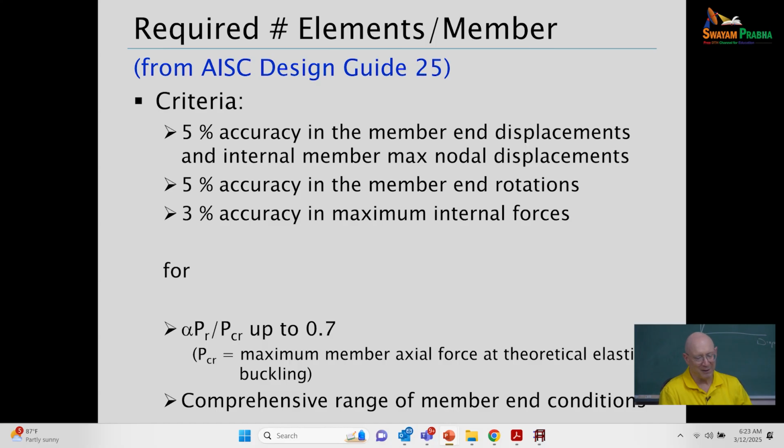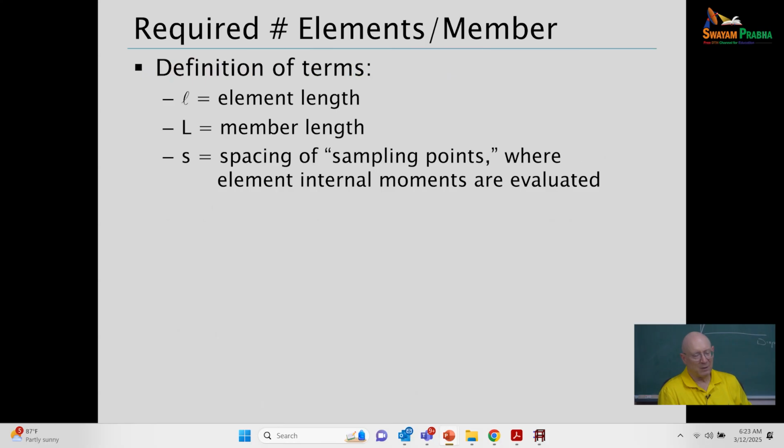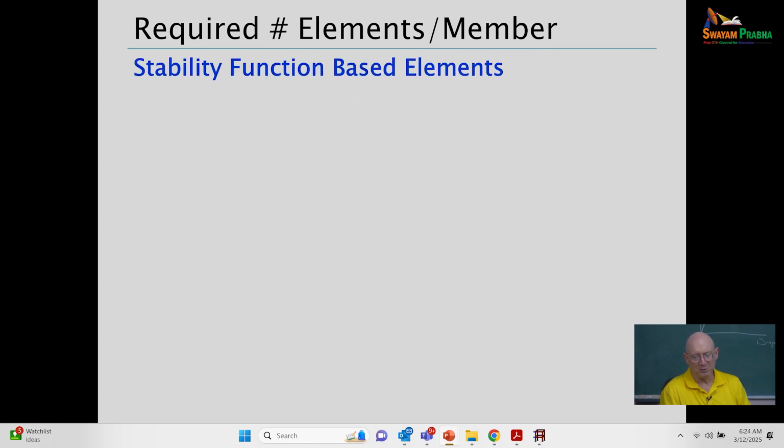Usually we don't get any closer than that in a practical design. And again, we're going to relate to things with different length terms. Script L is element length, capital L is member length, and S is the spacing between sampling points if we're going to try to sample and get internal moments between nodes.